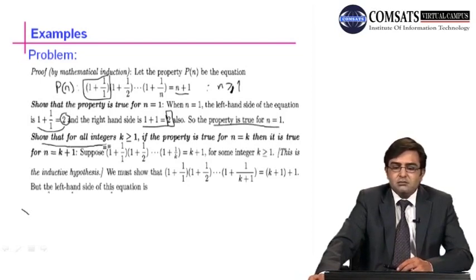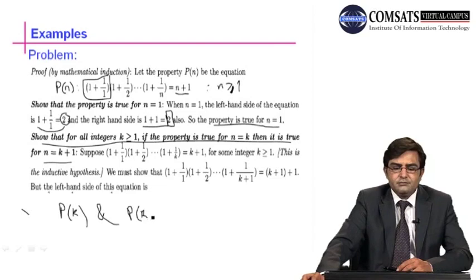Now we have to show that for k greater than or equal to 1, if the property is true for n is equal to k, then it is true for n is equal to k plus 1. That is, we shall suppose that P(k) is true, and we shall prove that P(k plus 1) is true.